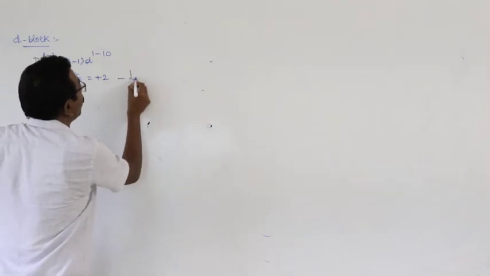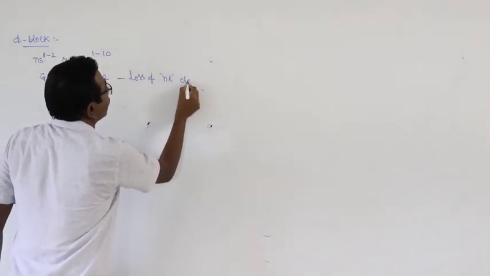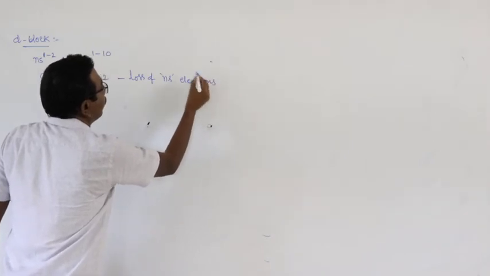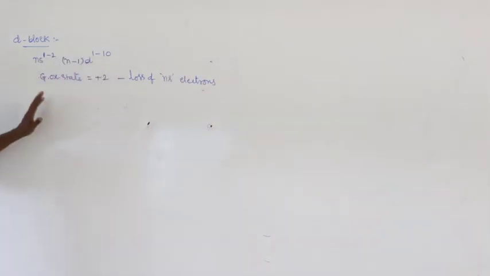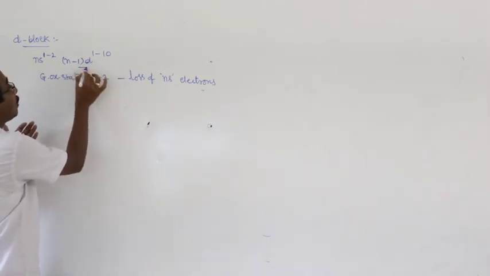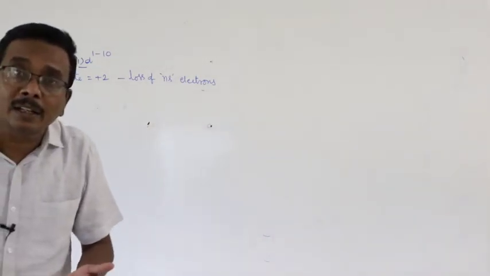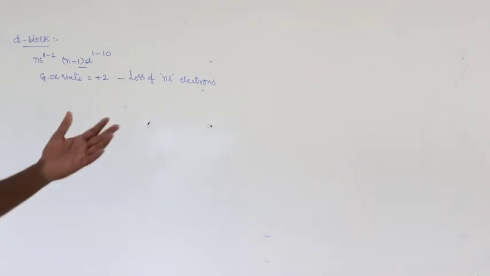That is due to loss of outermost s electrons. But here the d block elements or transition elements exhibit variable oxidation states. Why? Due to loss of (n minus 1)d electrons along with ns. Means electrons are lost from both the outermost s orbital and the d orbital of the penultimate shell.